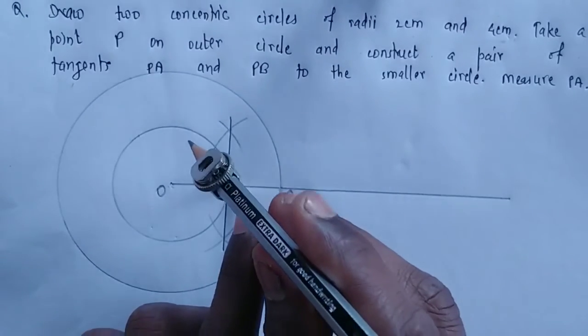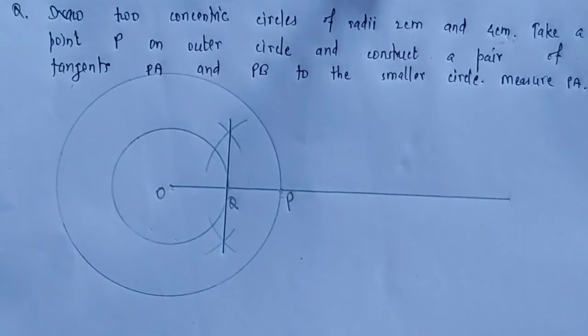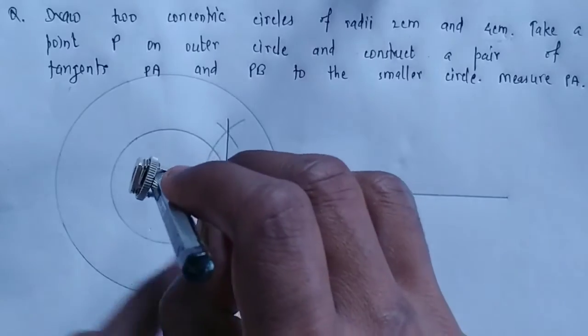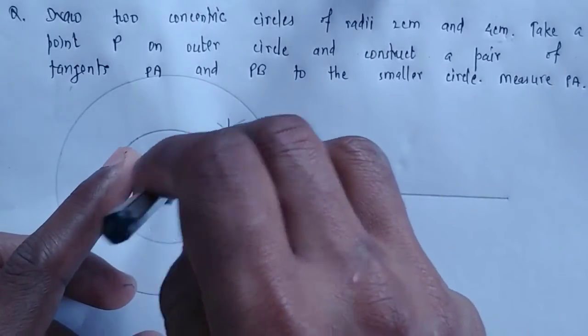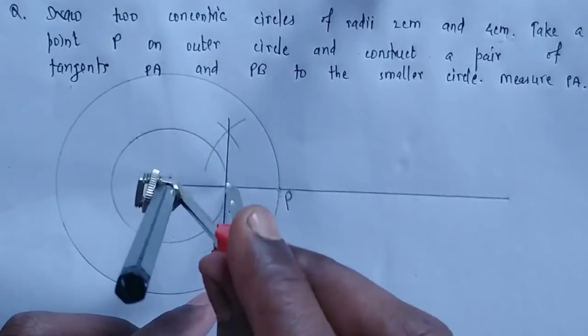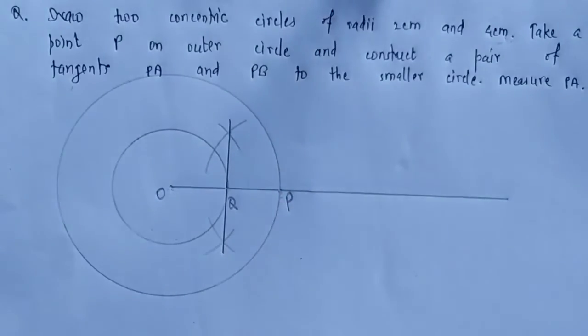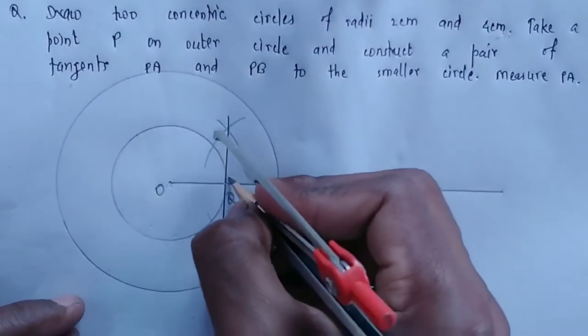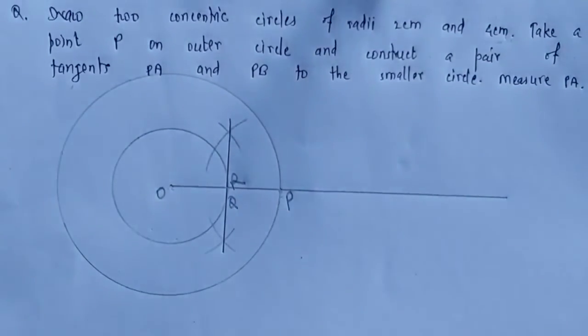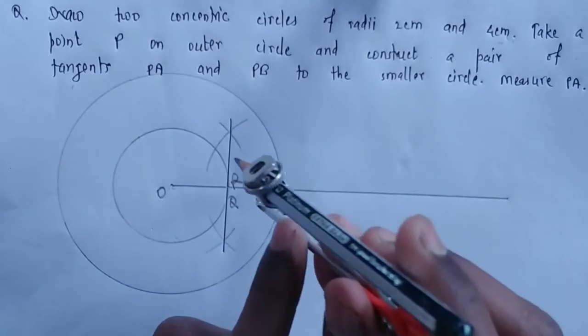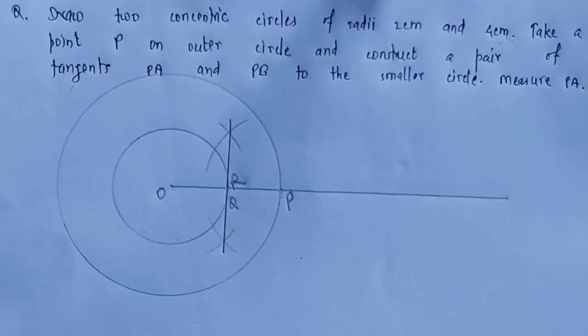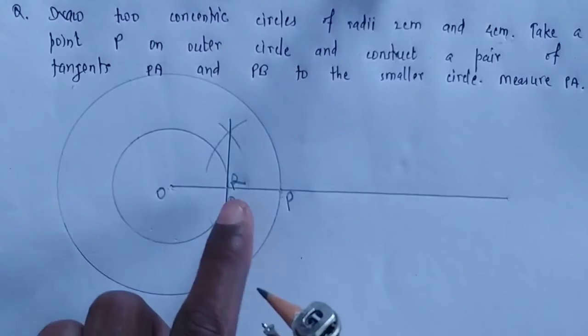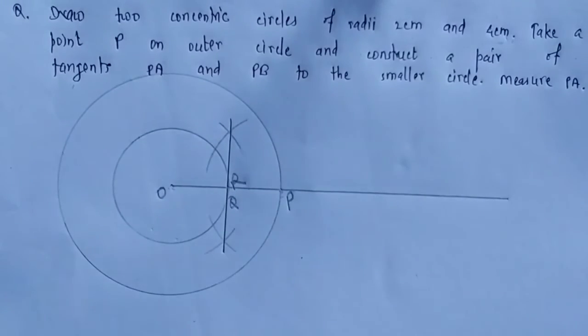Now this will be considered as the center of OP. If I call it point R, then since R is the midpoint of OP, RO and RP will be equal.